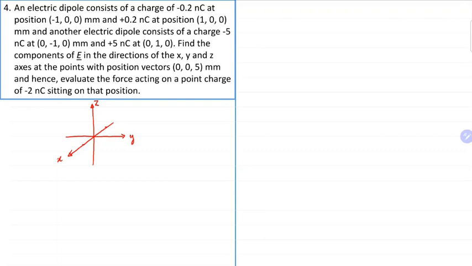On my x-axis at 1 and -1, I have 0.2 nanocoulombs and -0.2 nanocoulombs, and then on my y-axis at 1 and -1, I have 5 nanocoulombs and -5 nanocoulombs.